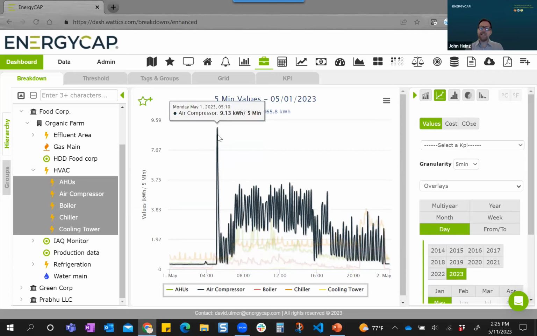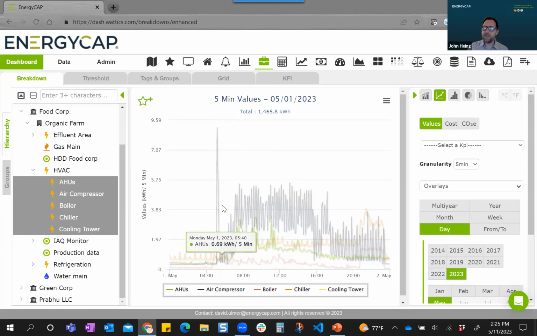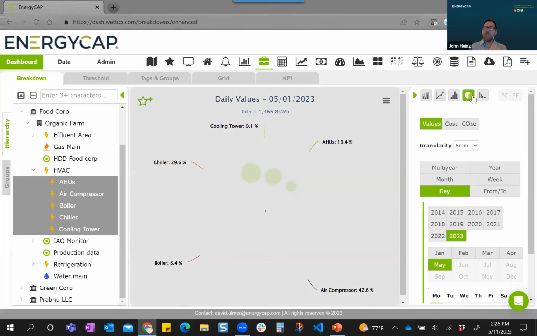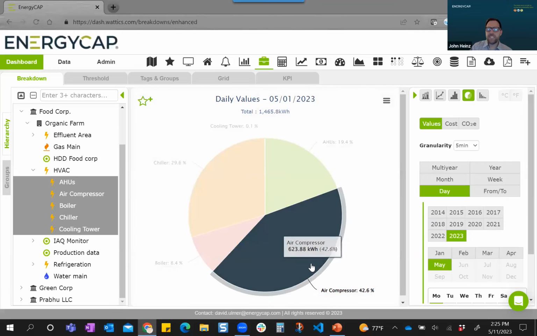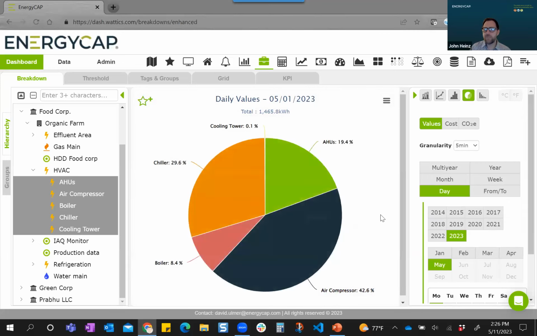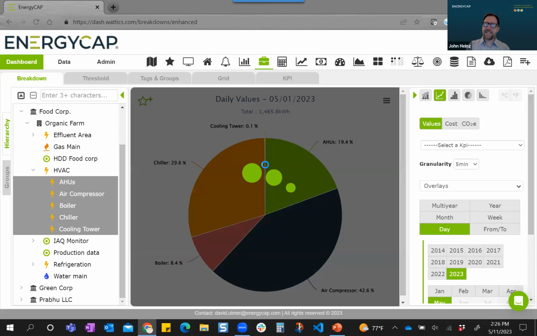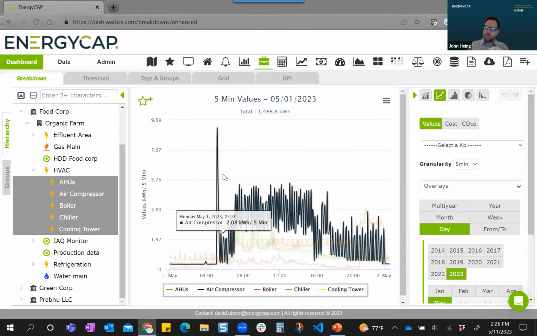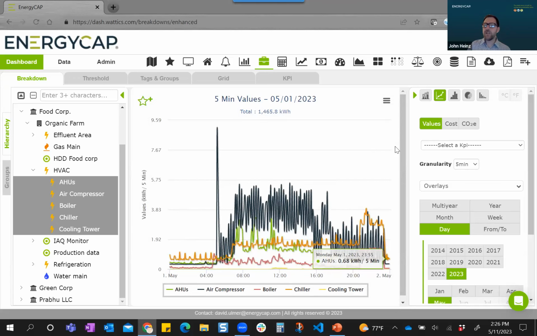So why did that trigger when that seems to be very much an anomaly compared to everything else? And you can break this up a lot of different ways. So in this case, I could say, well, air compressor is 42% of the total usage for HVAC. And if I had a spike like that, that tends to be a problem. So you can start to monitor and pinpoint exact components to start taking action on.